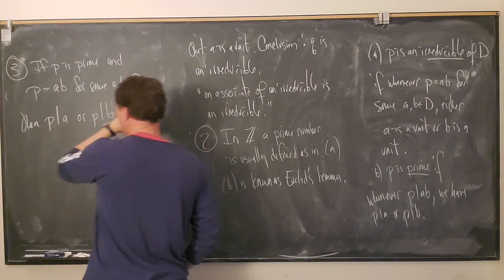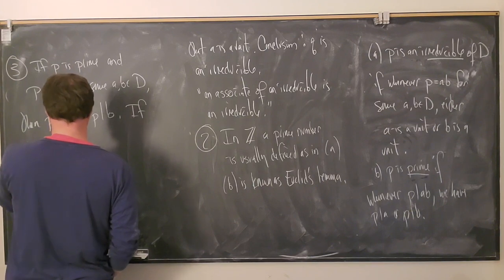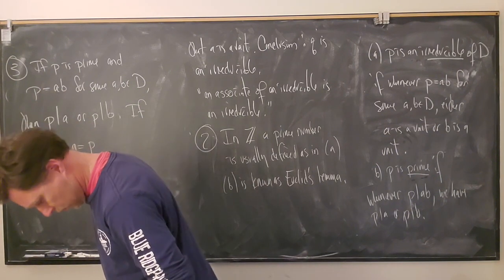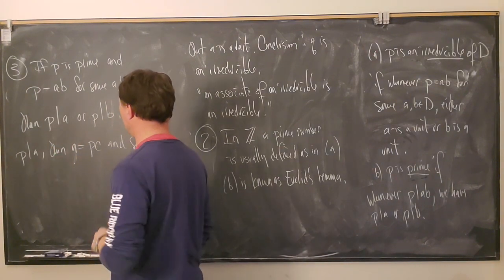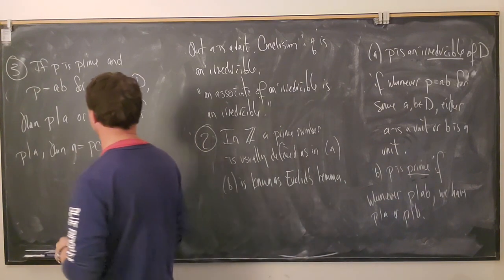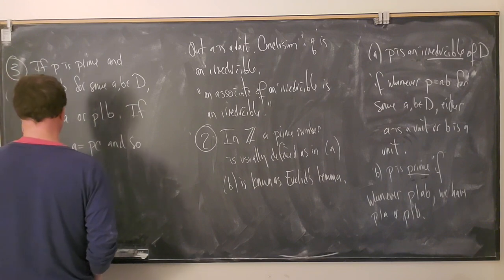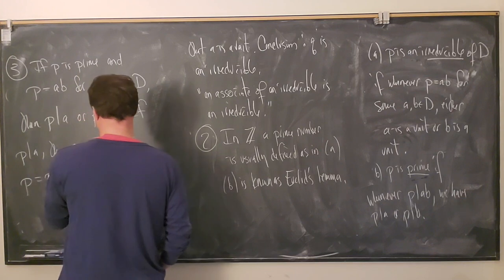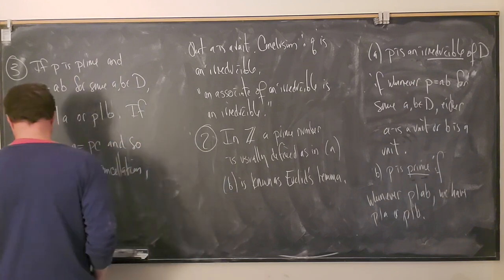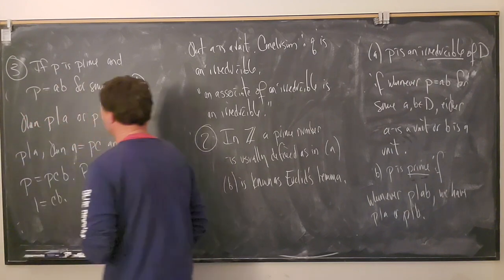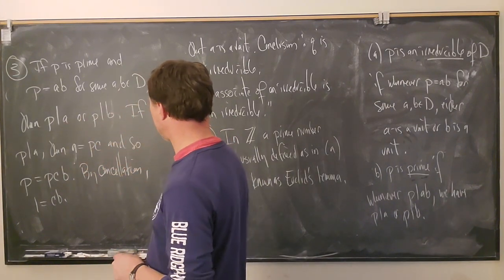So if P divides A, then A is equal to P times, I'm using here C. And so P is equal to PCB. And then by cancellation, one is equal to C times B. So what does that tell us then?